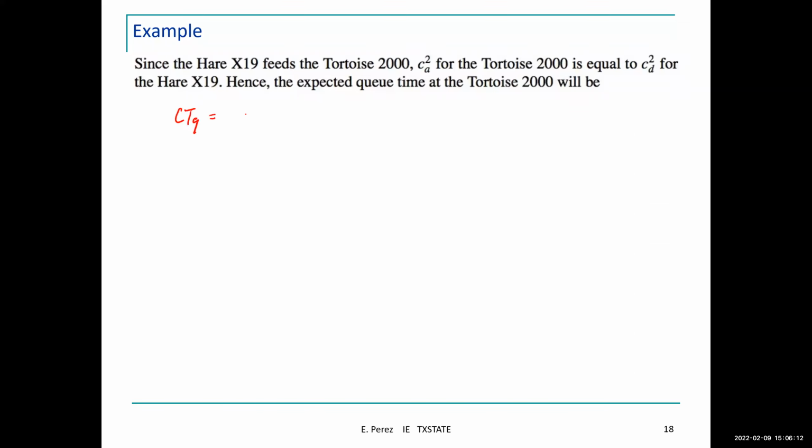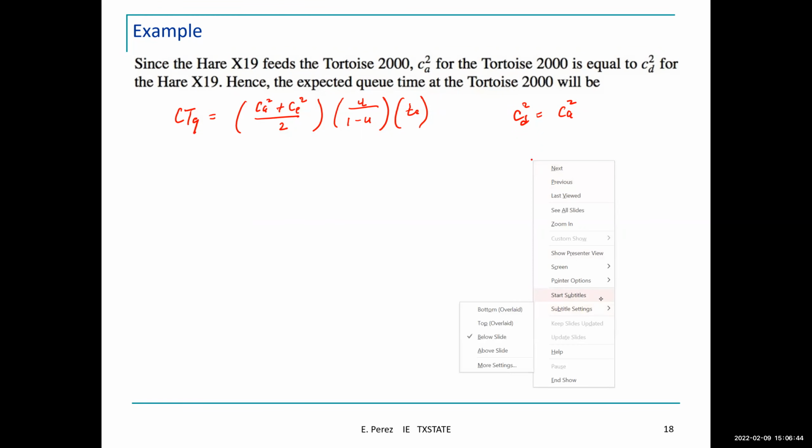CTQ equals CA square plus CE square divided by 2 times U over 1 minus U. So now we are going to use this CD square, which is going to be equal to our CA square, and we are going to substitute that into here.